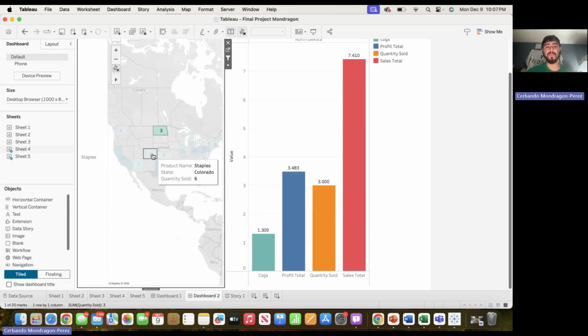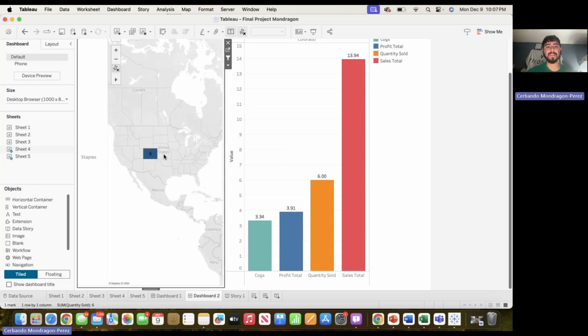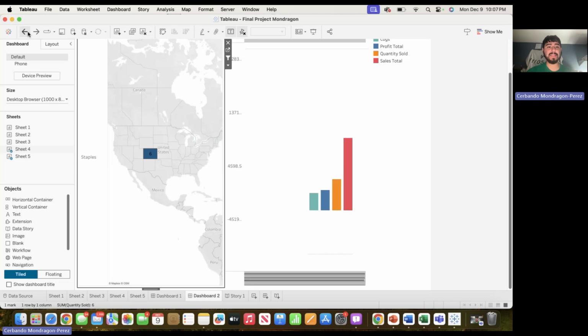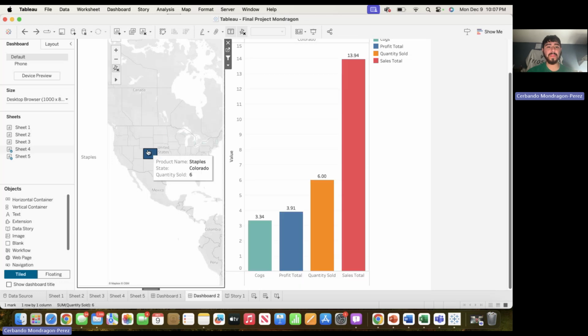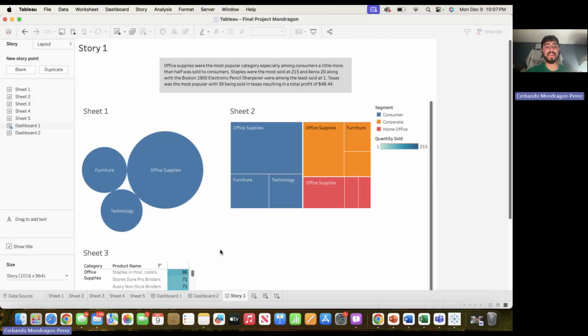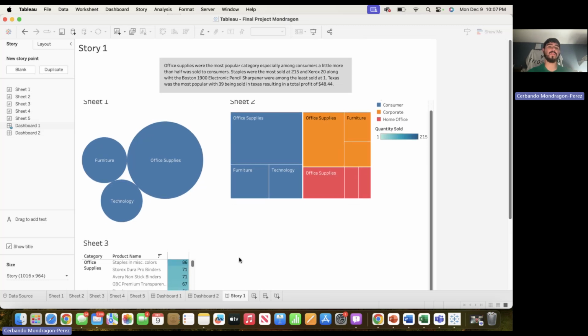So as we move to different states, it gives different data sets and things like that. It's just changing.